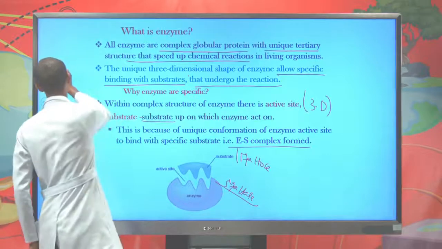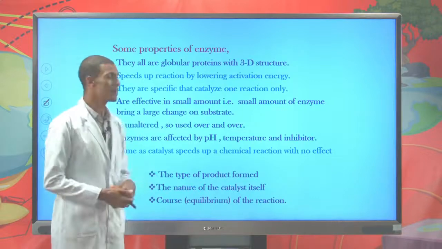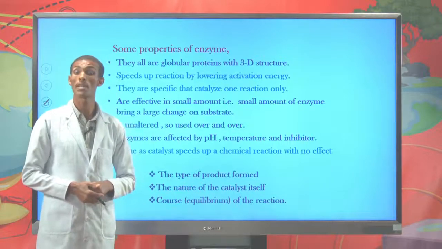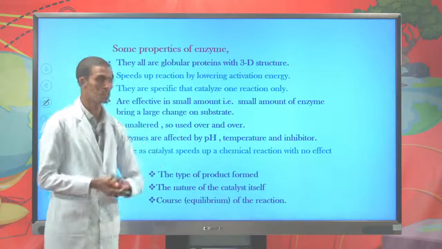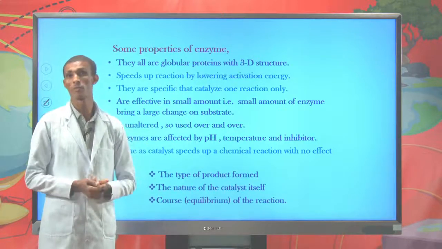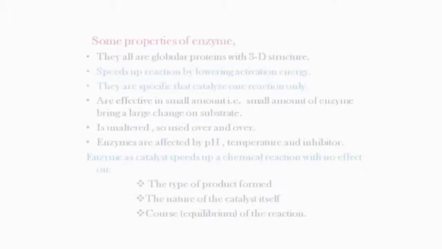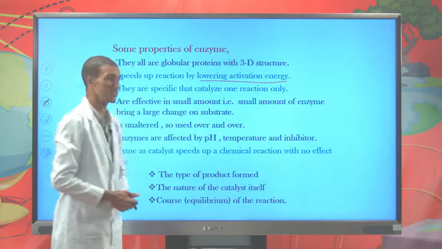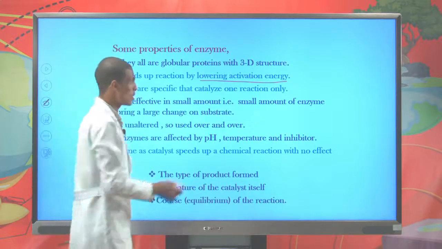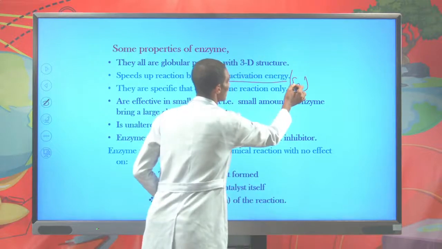Well, as an enzyme is an organic molecule, it has many properties. One is that it is a globular protein with a three-dimensional conformation. And again, when an enzyme binds with a certain substrate, it lowers the minimum energy required to start a chemical reaction, the activation energy.